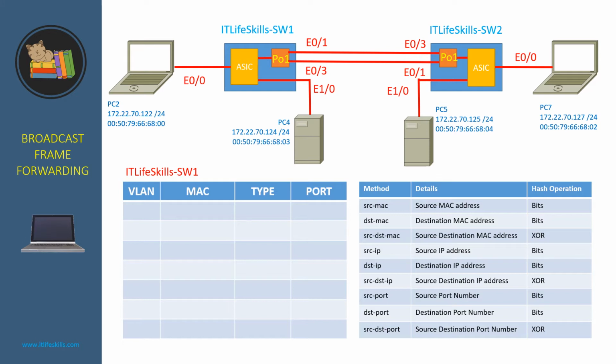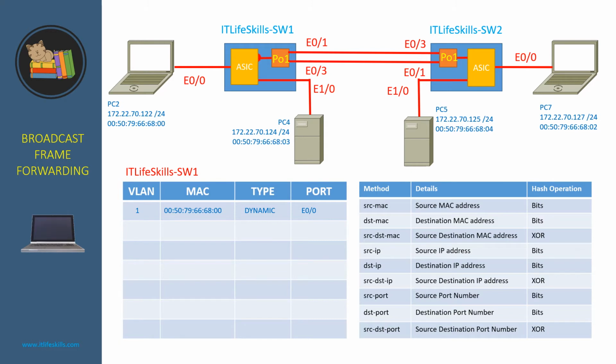When the ARP request reaches Switch 1, Switch 1 learns the MAC address of PC2 and it floods the broadcast frame to all active ports. The broadcast frame reaches PC4 and it will be dropped by PC4 because it's not for PC4.